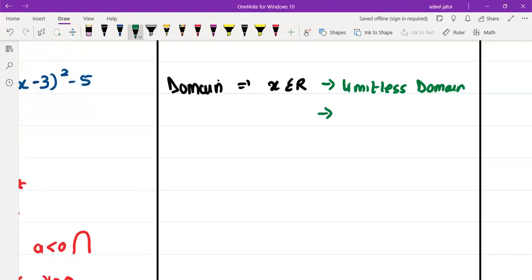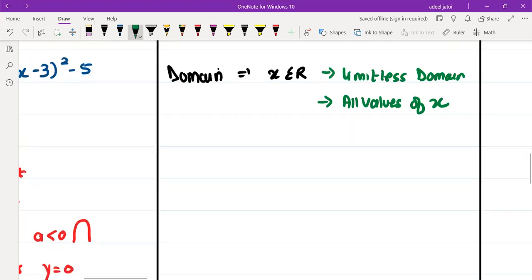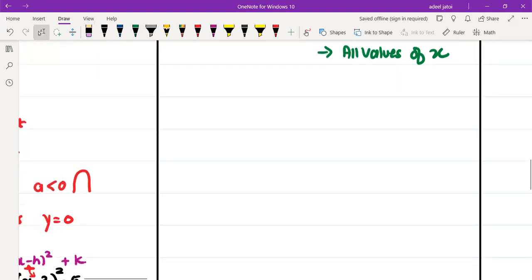This also identifies all values of x. Since it is a limitless domain, it will be considered as all values of x.